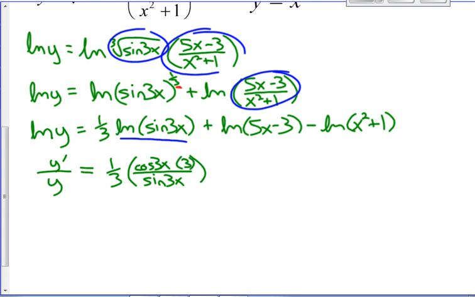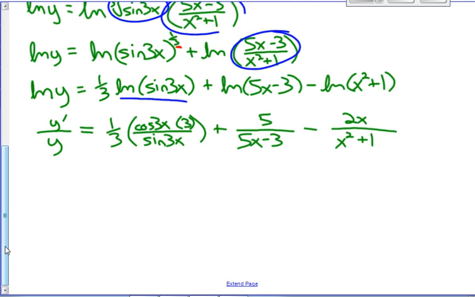That sine 3x is a composite itself. You have to deal with the sine, and then you have to deal with the 3x. Next one, original on the bottom, derivative on the top. Original on the bottom, derivative on the top.